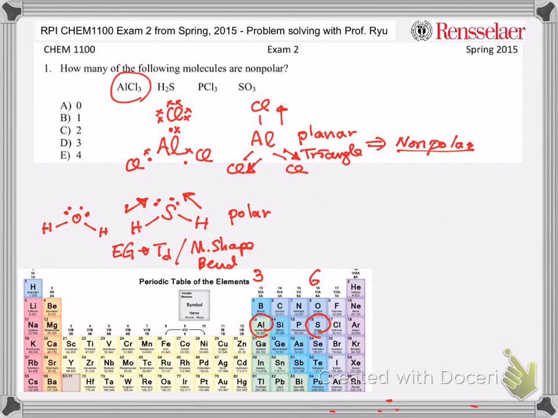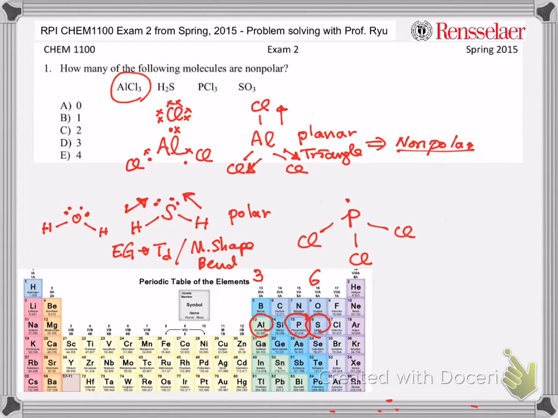The third one is PCl3. Phosphorus is right here, with 5 valence electrons, and there are 3 neighboring chlorines. They use 3 valence electrons from the phosphorus to form the bonding.